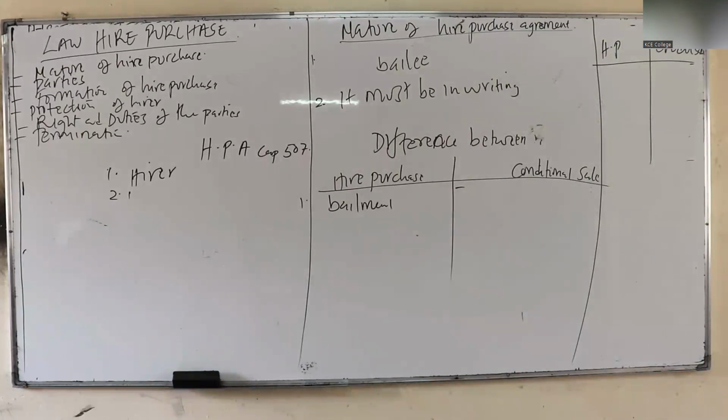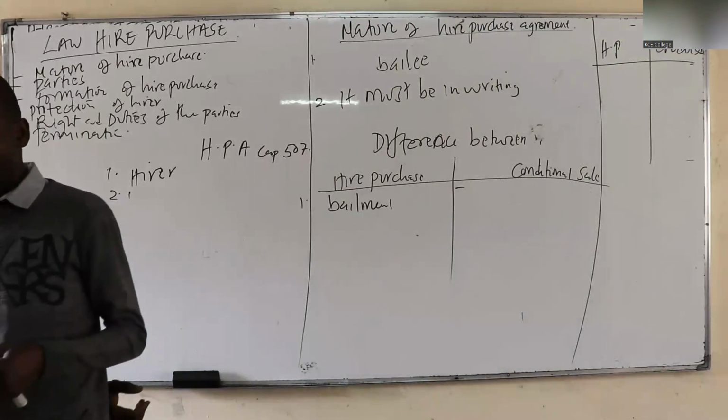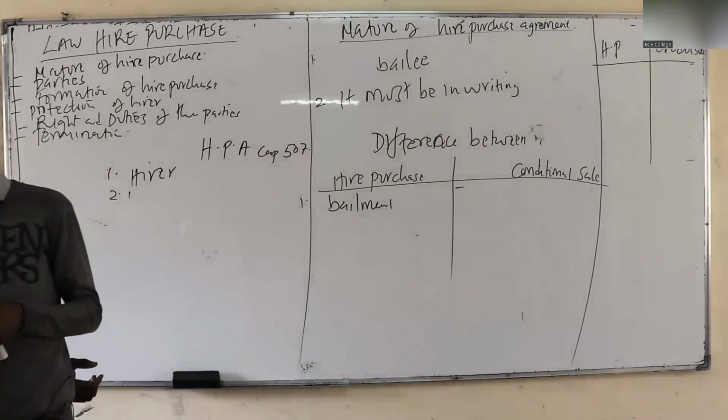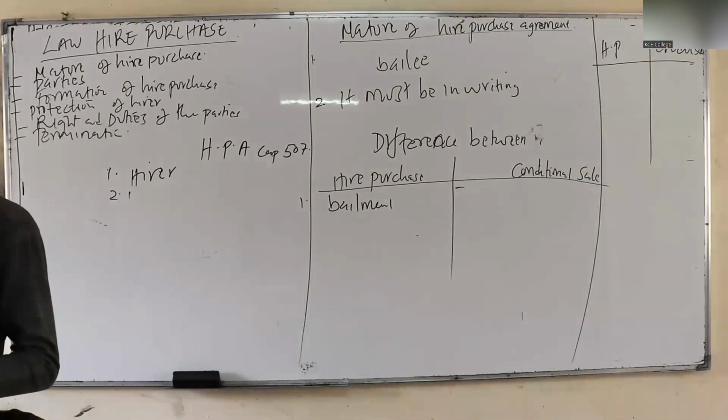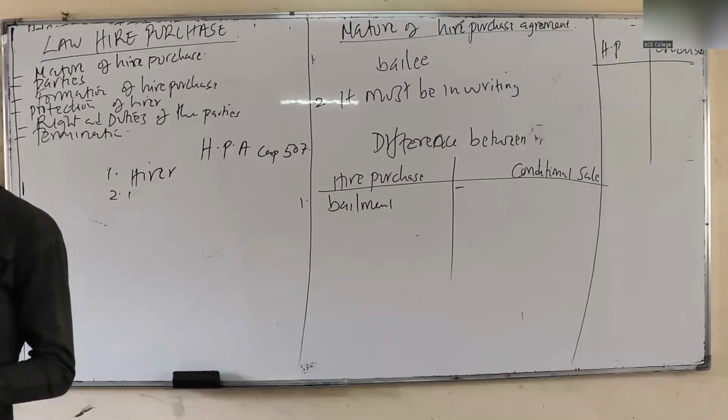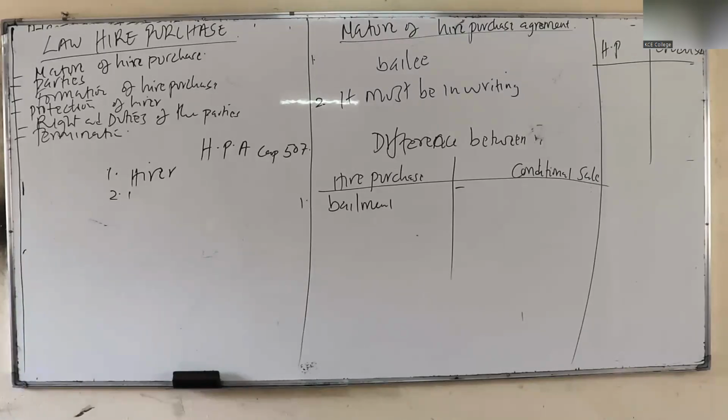So the same structure, we start with number one. On hire purchase, it's a contract where the owner of goods passes possession to the hirer for an agreed periodical payment.